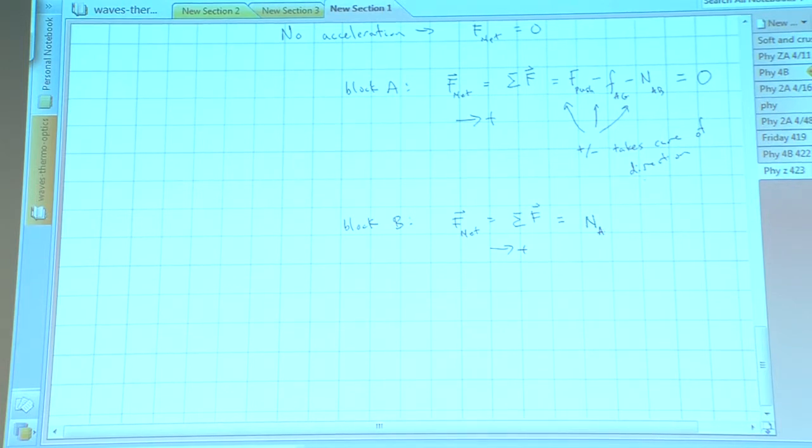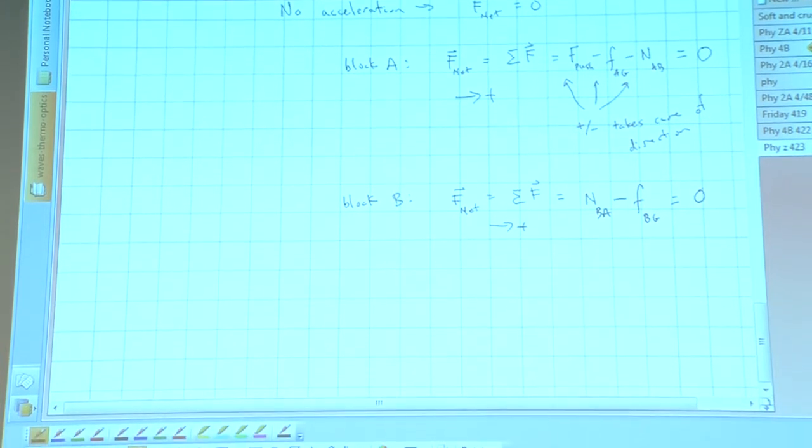Normal force on B due to A is positive. And in the negative direction we have the friction force on B due to the ground. Those are the only two forces. They have to add to 0 because there's no acceleration. Block B is moving at constant speed in a straight line.